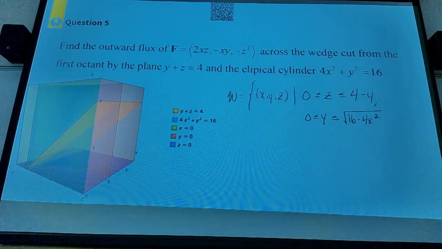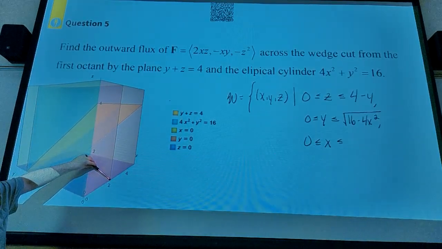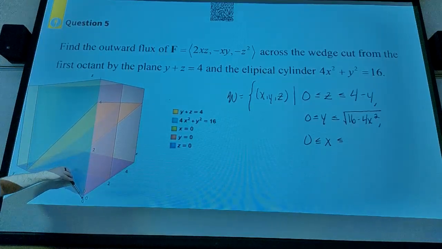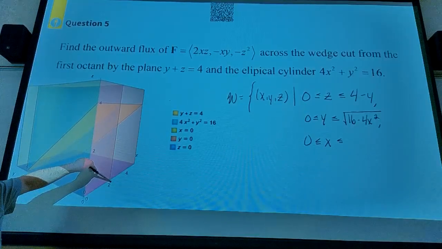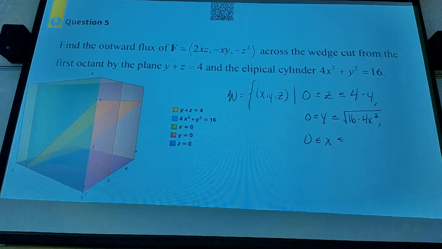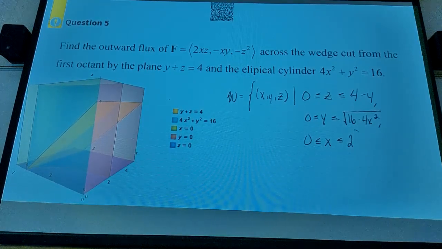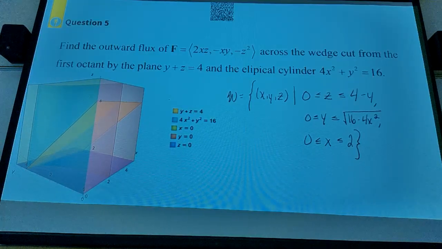And if you just look, x is going to go from 0 to 2, where the cylinder intersects the axis, which is at 2. And there's the solid that's enclosed by our surface.